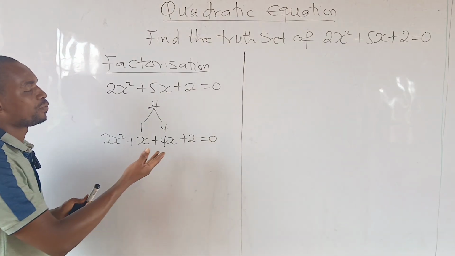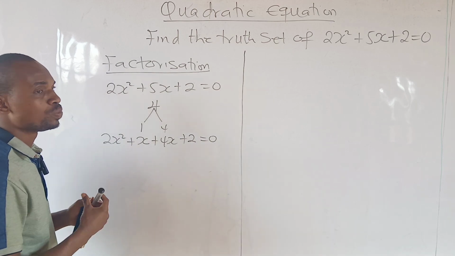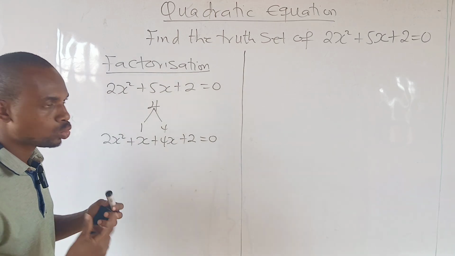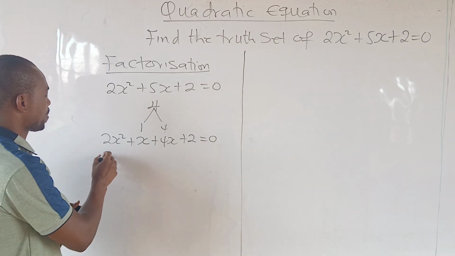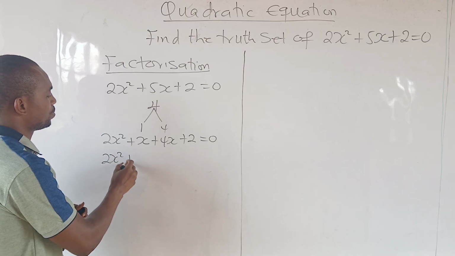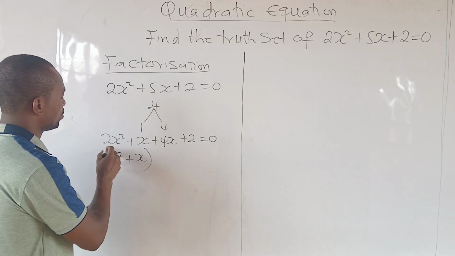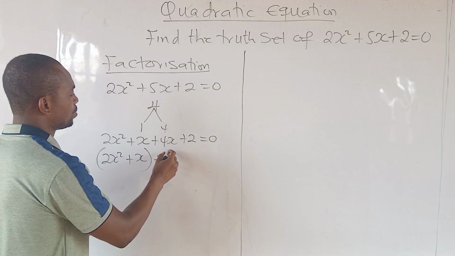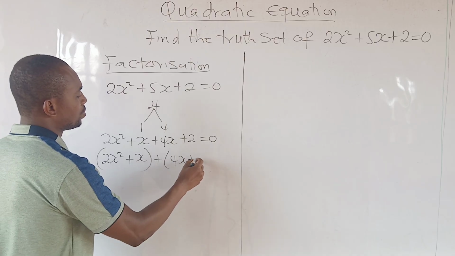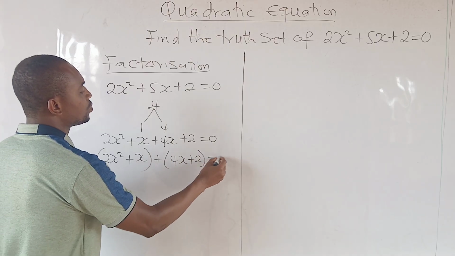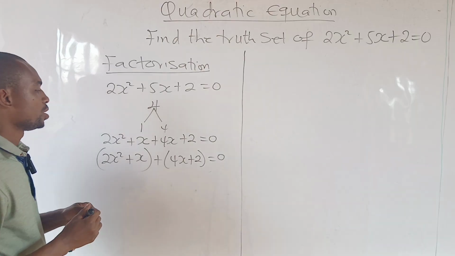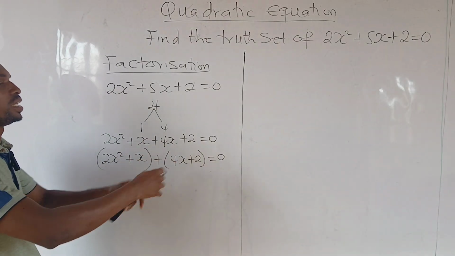Now since it is in 4 terms, you have to group them in 2s or in pairs. Then equate it to 0. Now we've managed to group them in pairs.